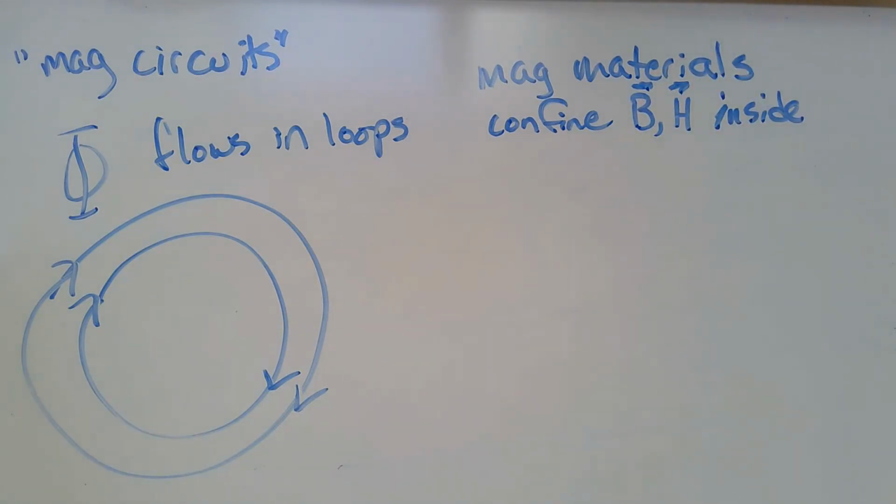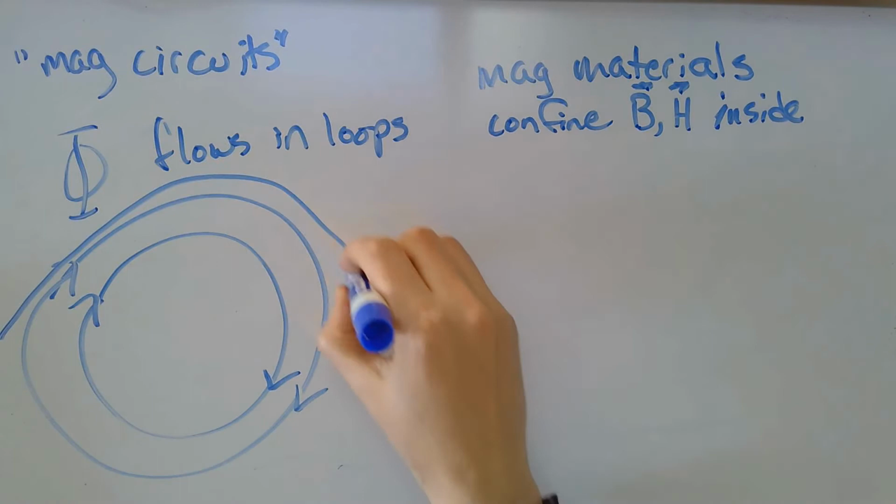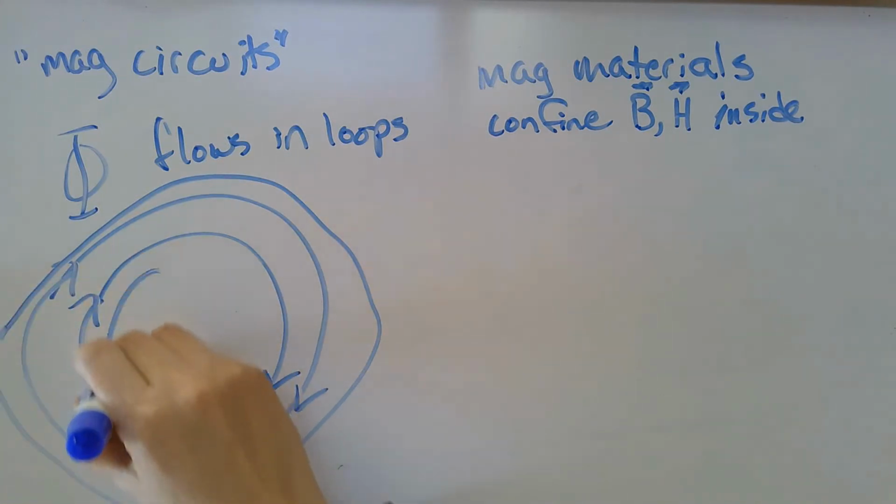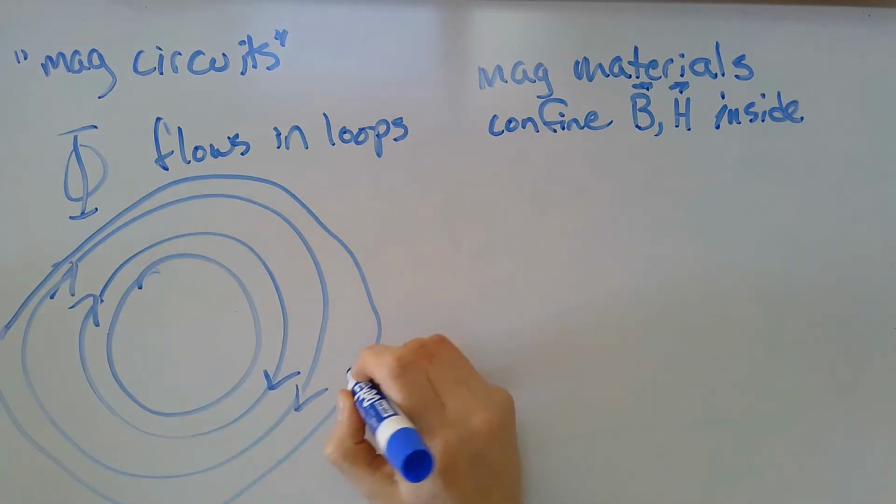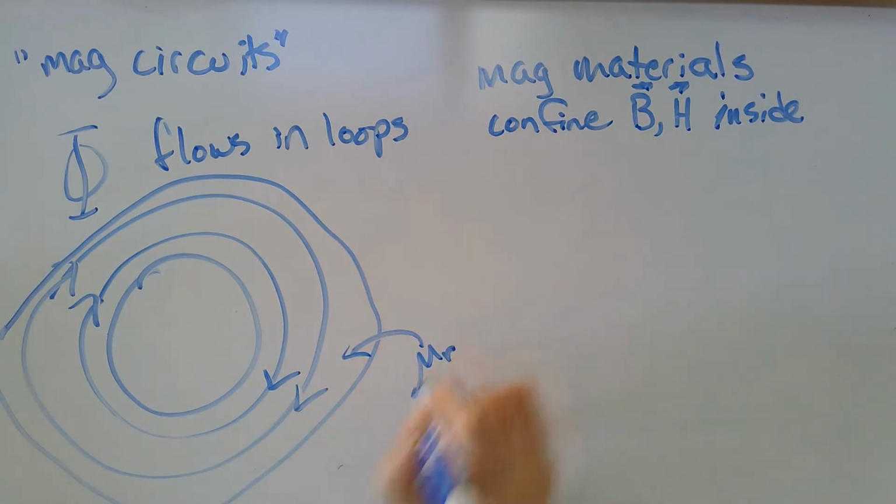What that means is that the flux really wants to stay inside that material as long as it provides a closed path. So if I draw something that is vaguely loop-shaped and I assign it a high value of mu, my magnetic fields are going to stay inside there.